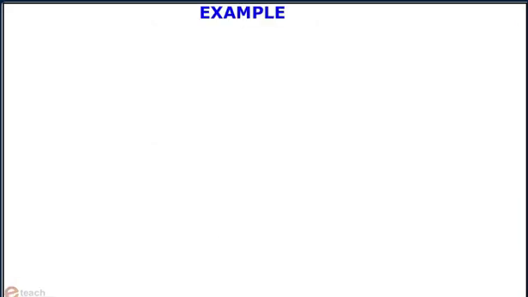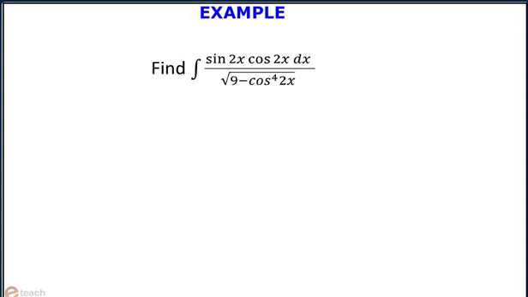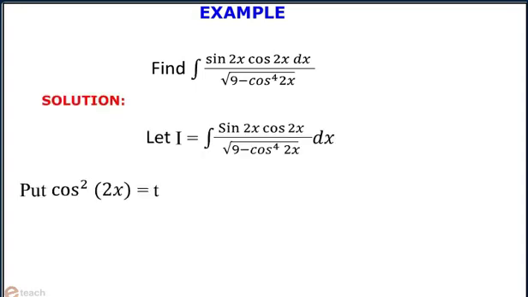Let's take an example. Find integration sin 2x into cos 2x dx divided by root over 9 minus cos to the power 4 2x. Now here putting cos square 2x equals t, and after making the substitutions, we get I equals minus 1 by 4 integration dt divided by root over 9 minus t square.